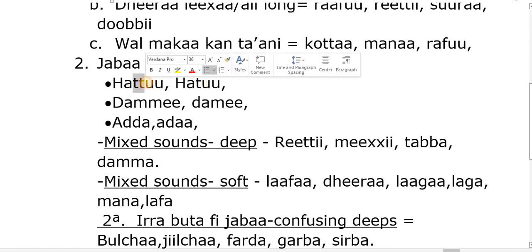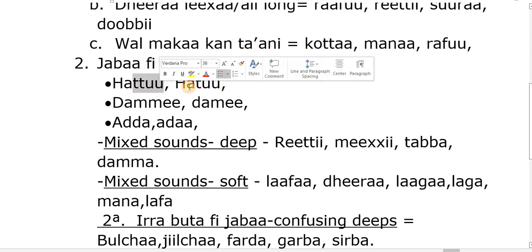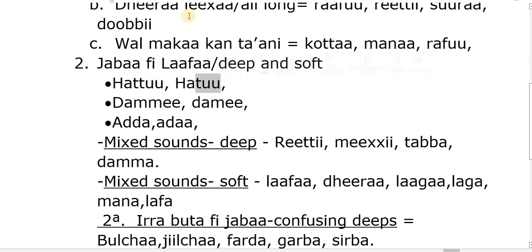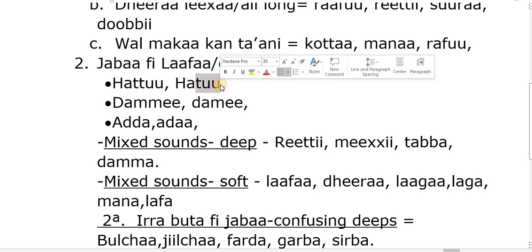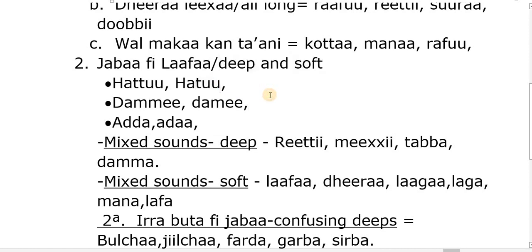That's deep. That's why we double T. And these both two are also, as we have seen up there, they are long. Deep, long. Soft, long.